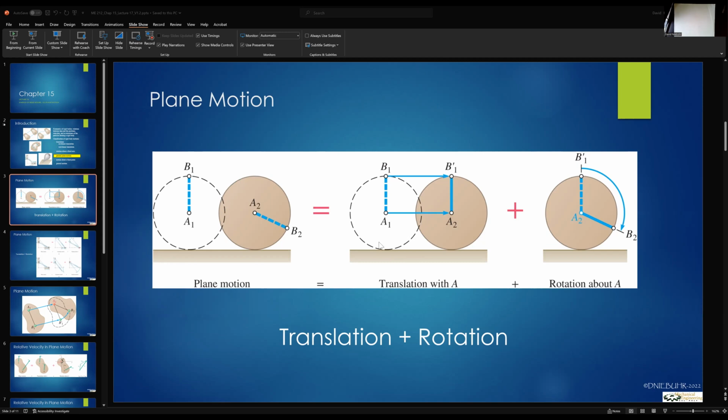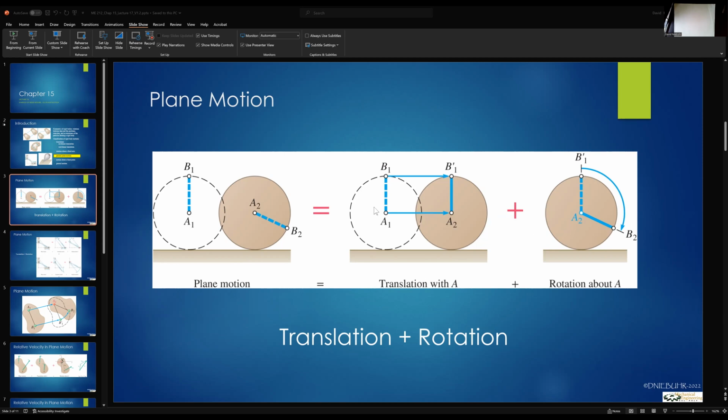And so what we can do is essentially break this plane motion into two parts. The translation, which is just A moving from A1 to A2, and the rotation of B1 moving to B2.